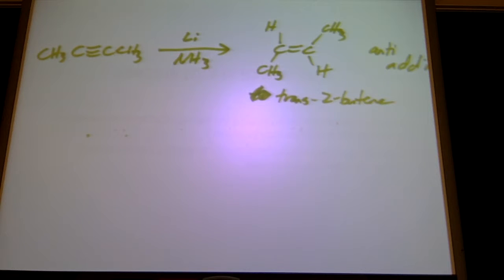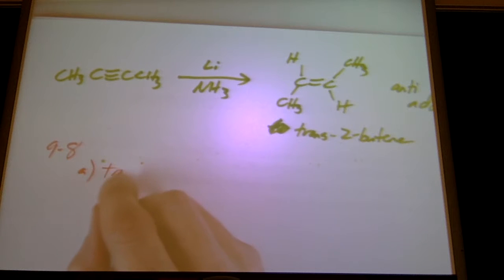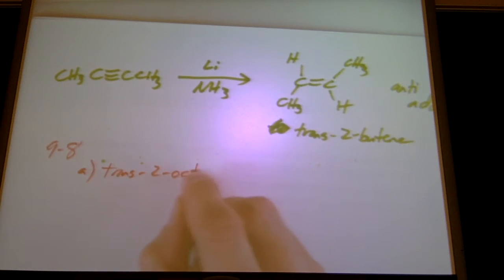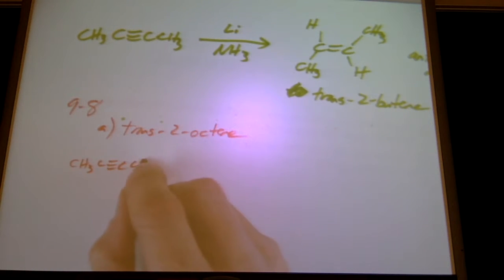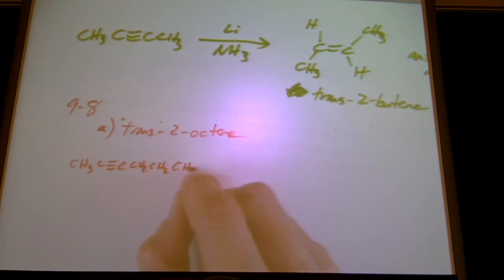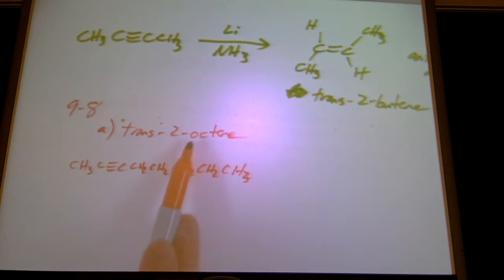If we look at a problem, let's look at 9-8. So it says, using any alkyne needed, how would you prepare the following alkenes? The first one says trans-2-octene. Well, I know I'm going to start with an alkyne.